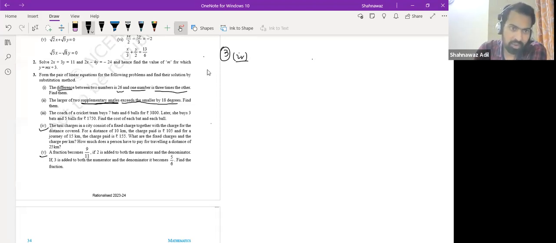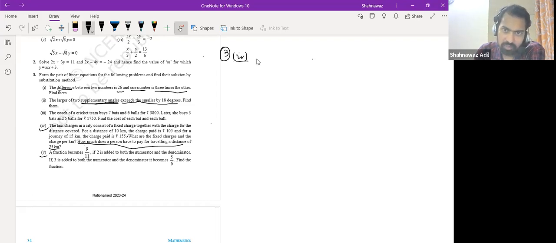Okay, so how much does a person have to pay for traveling a distance of 25 kilometers? So in this question, what are the two unknowns? Up to this point, we have to calculate the two unknowns and then talk about the final part.